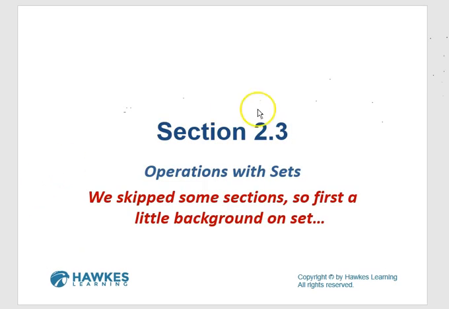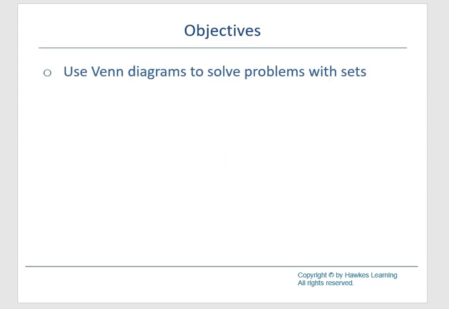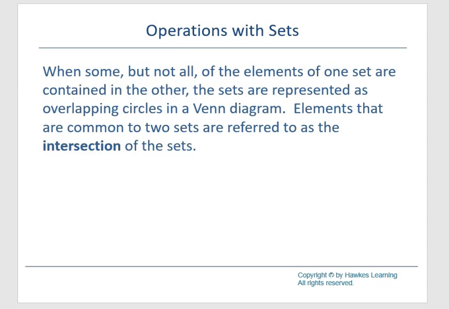PowerPoint series. Now remember, this topic is operations with sets. So we'll take a look now at some of these operations here. We use Venn diagrams to solve or do these operations. When some, but not all, of the elements of one set are contained in the other, the sets are represented as overlapping circles in Venn diagrams.